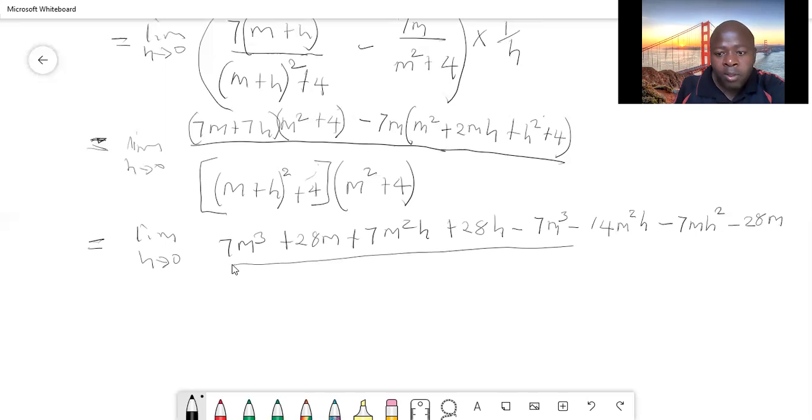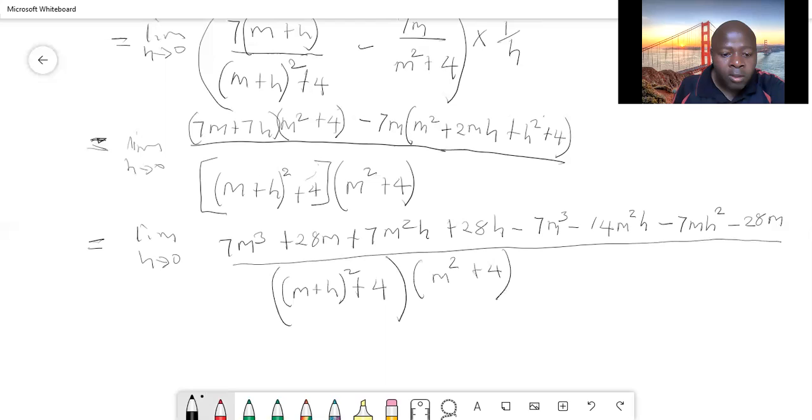We have no problem with the denominator, so we just write it the way it is. There is no need of expanding it. So this will be m plus h squared plus 4, the whole thing multiplied by m squared plus 4. So let's check out which ones will cancel out.